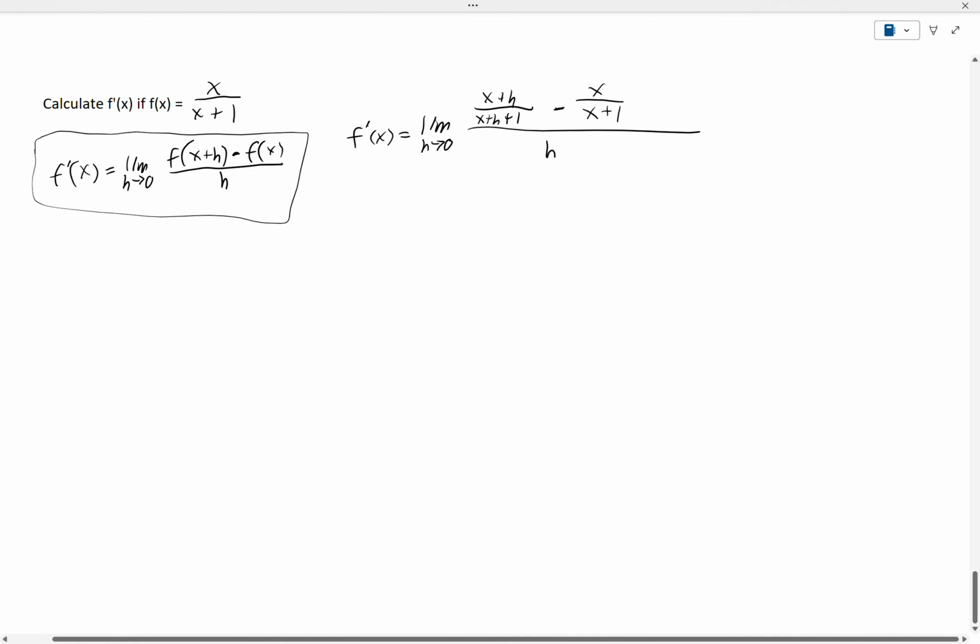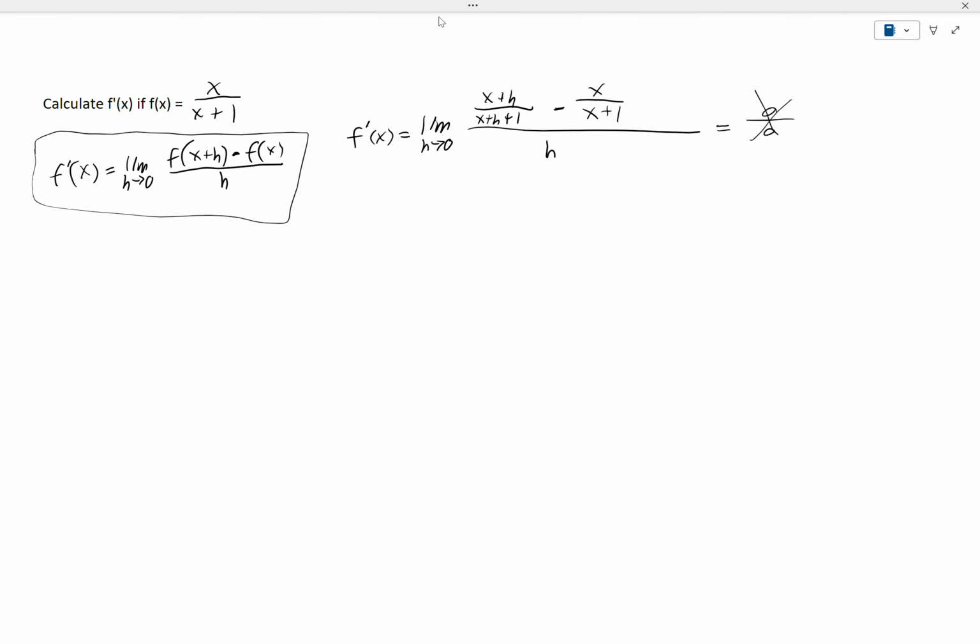Now let's see what happens if I try to solve this limit using direct substitution. In the numerator, this simplifies down to x over x plus 1, and that minus x over x plus 1 is just 0. What about the denominator? Well, that's also 0. So I get 0 over 0. That's indeterminate. It doesn't tell me what the limit evaluates to.